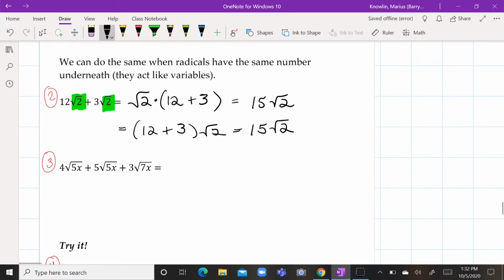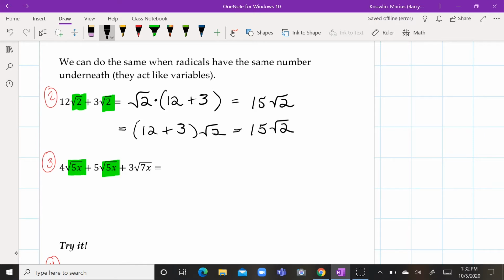Okay, let's take a look at number 3, the third example. Let's take a look at the ones that are alike: square root of 5x and the square root of 5x. Those are the only ones that we have to simplify. The last one, the 3 square root 7x, is just going to be by itself.